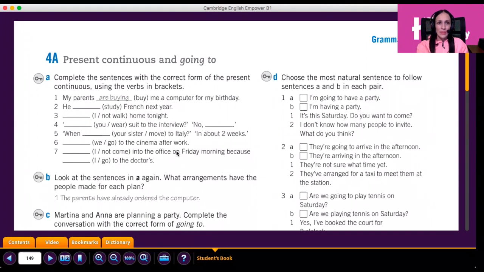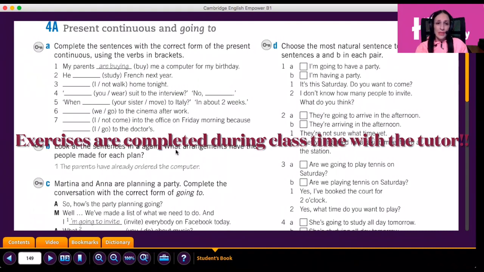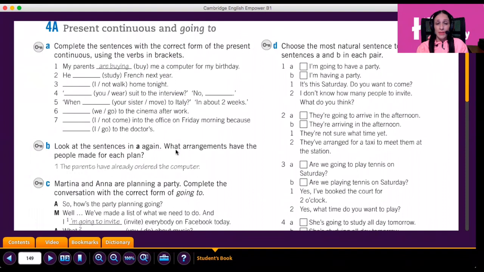Here, I usually give some minutes for the students to complete the exercises, or else we can do it together as well, so we don't waste any precious time. Then we can go over the answers one by one and say, okay, but why is that one wrong? Can you explain it to me? That way we can definitely provide concrete explanations for the answers. Okay, so that is the fourth step.